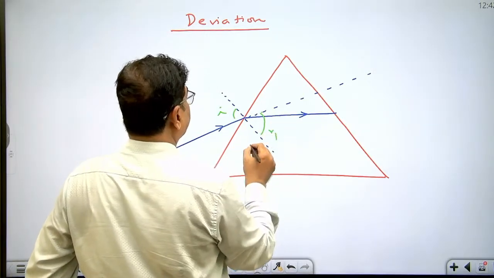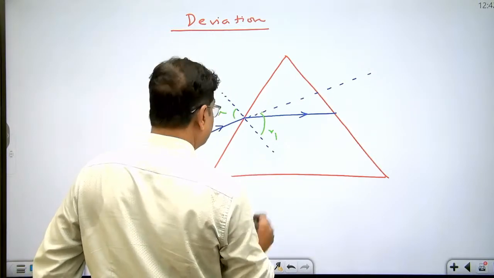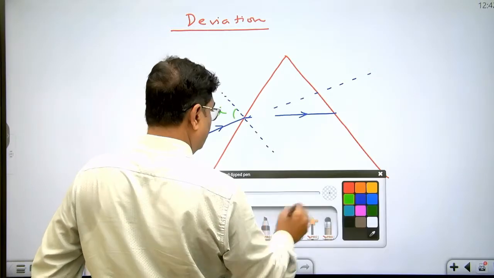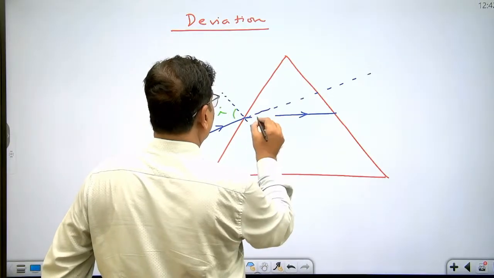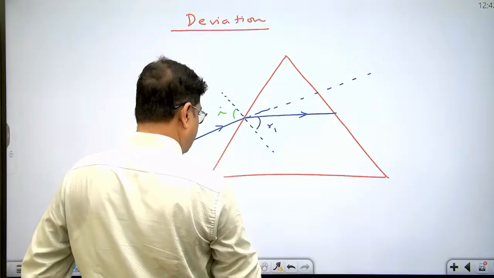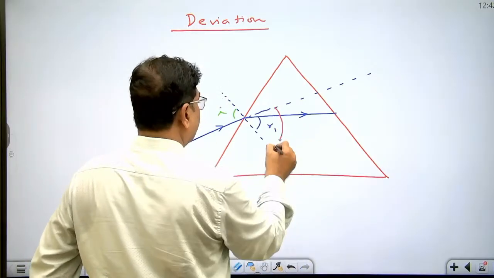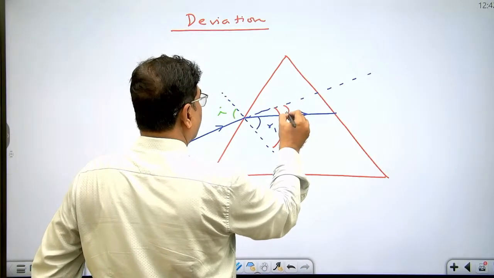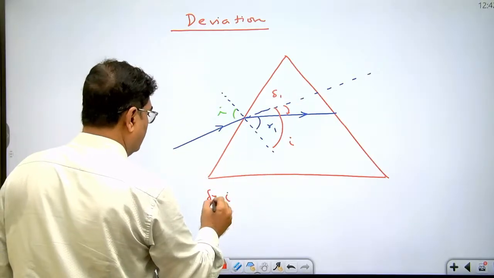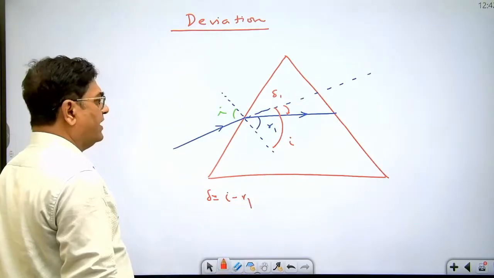Dear student, since this angle is I, this is the angle of deviation, delta 1, in the clockwise direction. This is equal to I minus R1, okay?